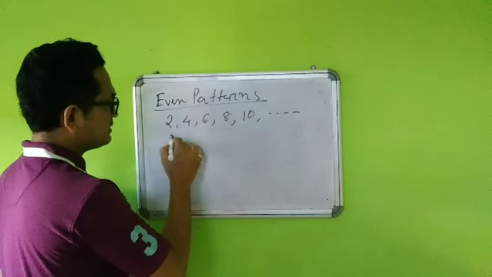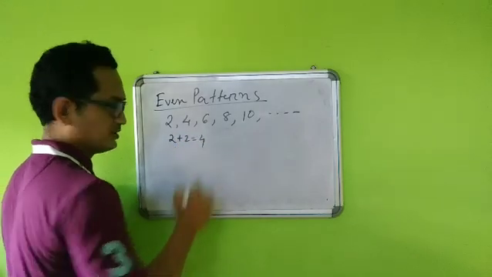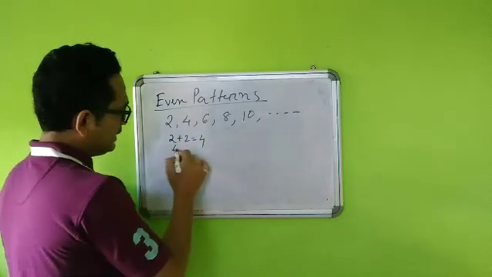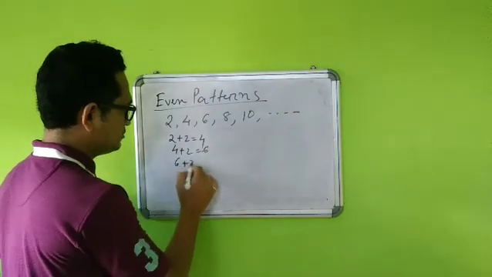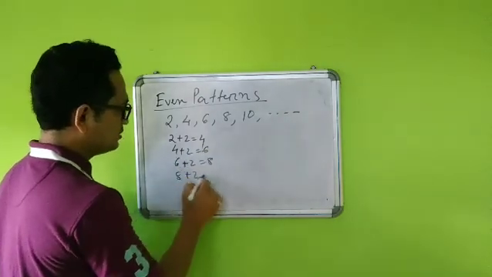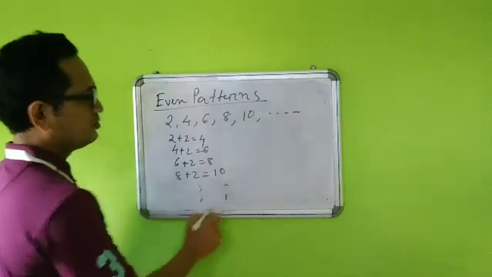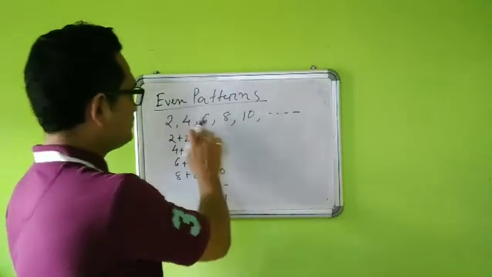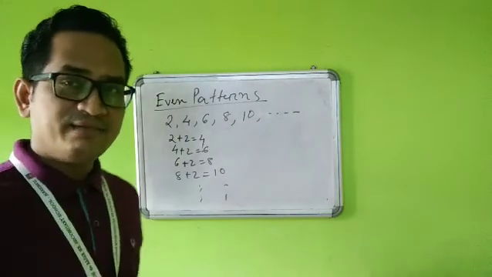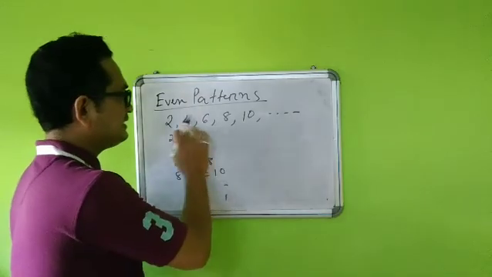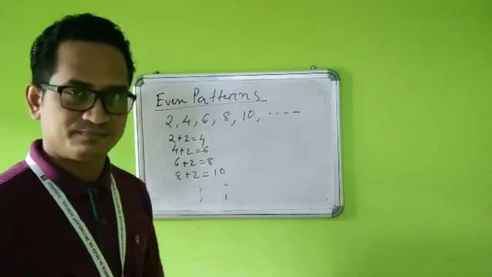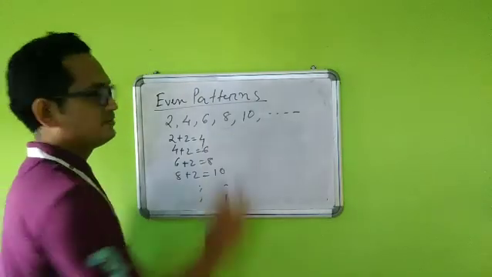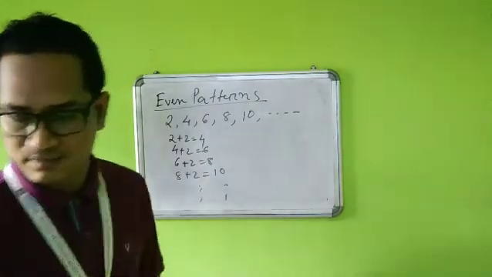And how is this done? 2 plus 2, it is coming 4. Then again 4 plus 2, it is coming 6. 6 plus 2, 8, and 8 plus 2, 10, and it will go on. So that means these numbers are even numbers. So we can say that this pattern is actually an even number pattern. Fine students. This is a perfect example.